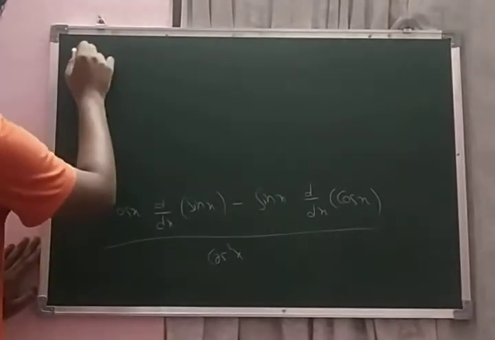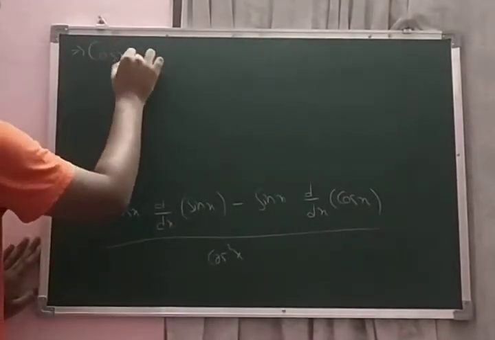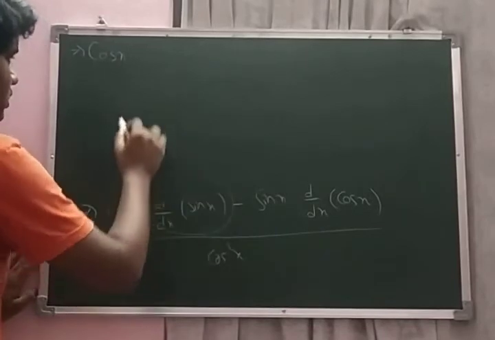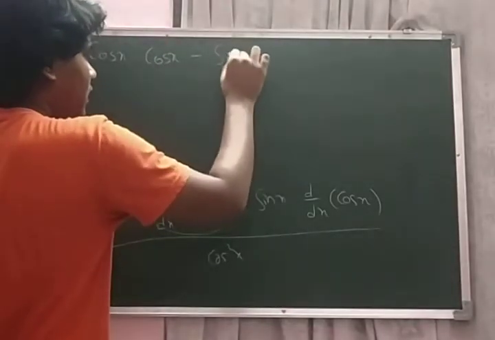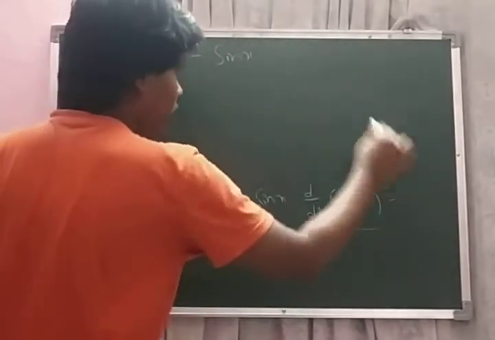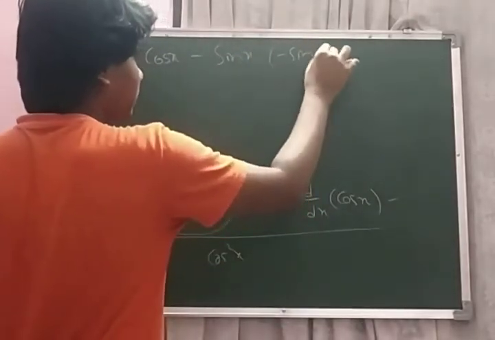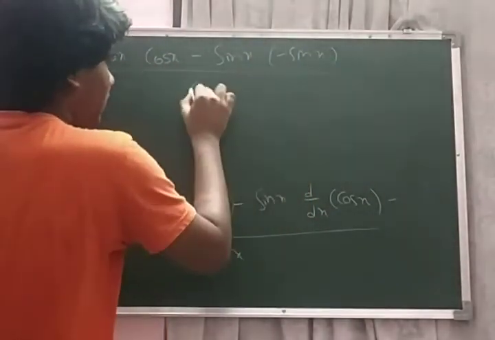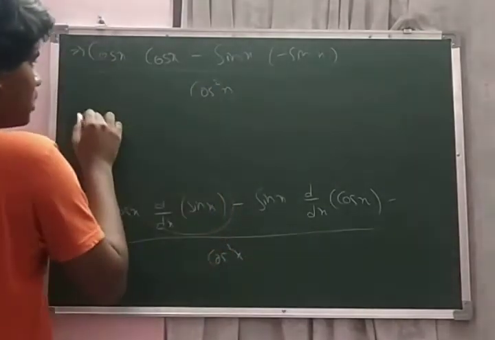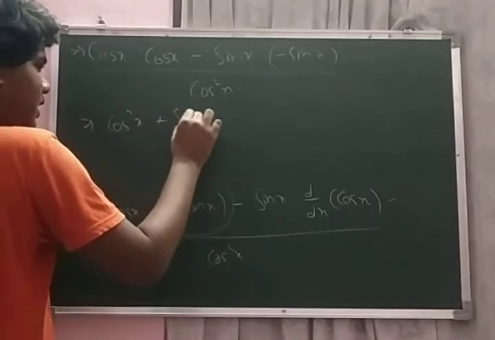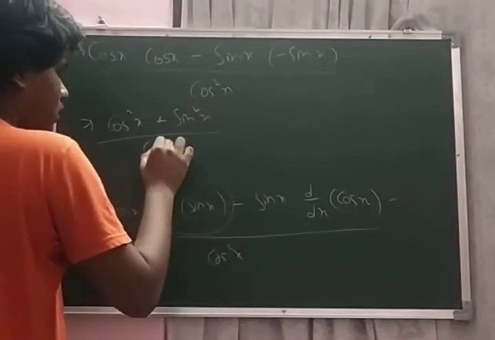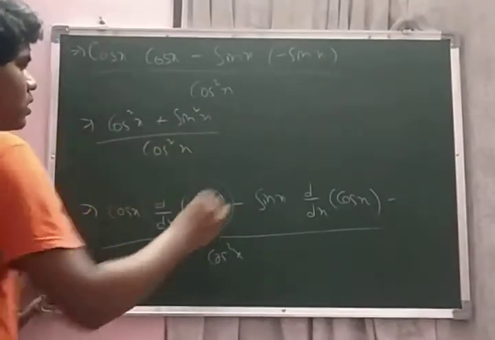So here, cos x into d by dx of sin x is cos x, minus sin x into d by dx of cos x, which is minus sin x, divided by cos square x. That implies cos square x plus sin square x by cos square x.